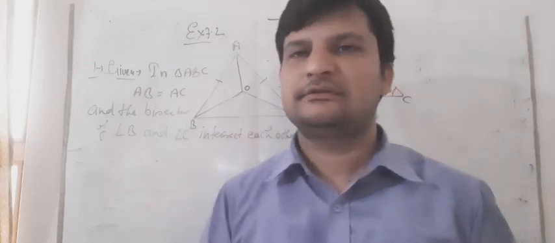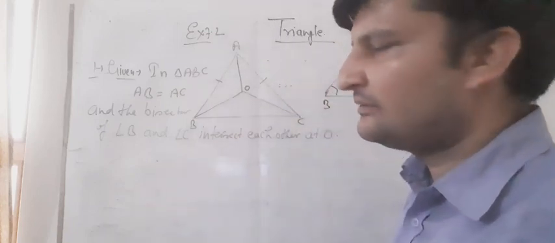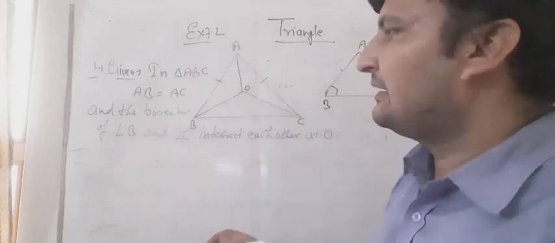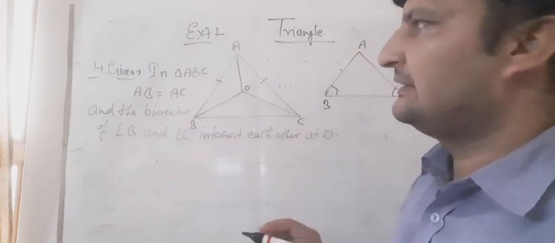It means it is an isosceles triangle because two sides are equal, and the bisectors of angle B and angle C intersect each other at O.